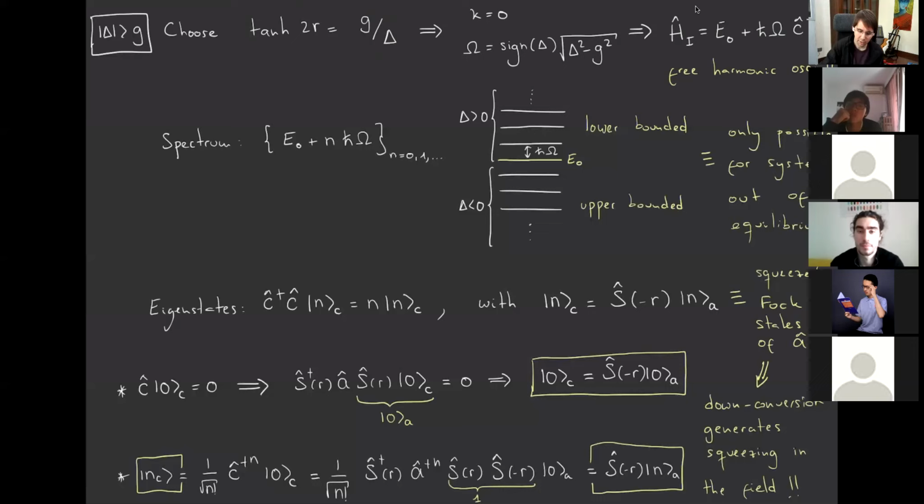And therefore, this expression in here is only possible to satisfy when this right-hand side is between -1 and 1, which means that delta needs to be larger in absolute value than G. So if this doesn't happen, all this theory that we developed here is actually not true. I mean, we cannot define an R that satisfies that kappa is equal to 0, okay?